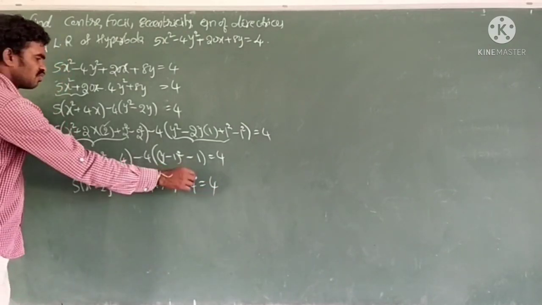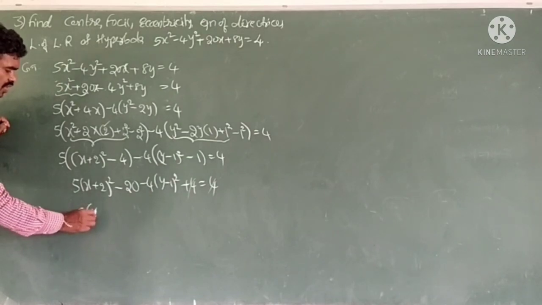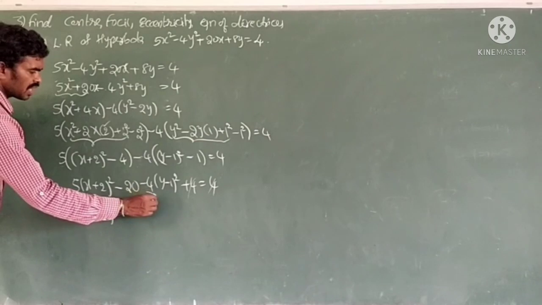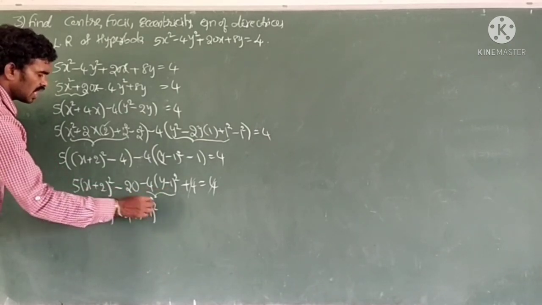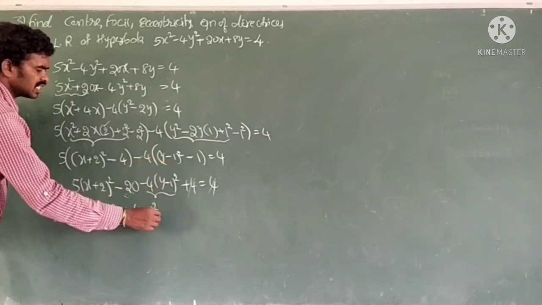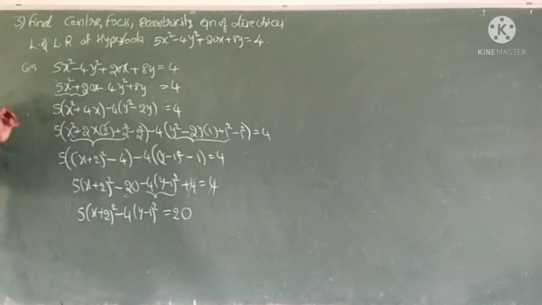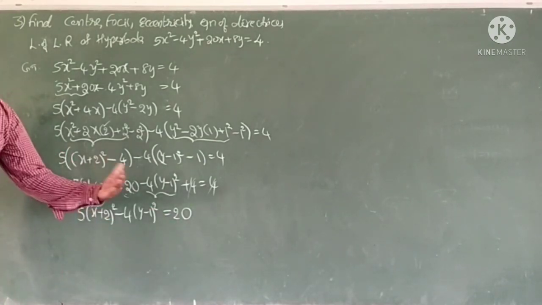So of course 4 cancels, then 5 into x plus 2 whole square minus 4 into y minus 1 whole square, and this minus 20 I am sending to the right side, it goes to plus 20. So it is equal to 20, and we need to get it equal to 1.